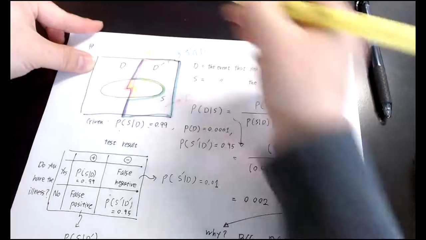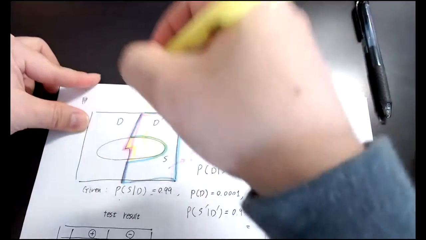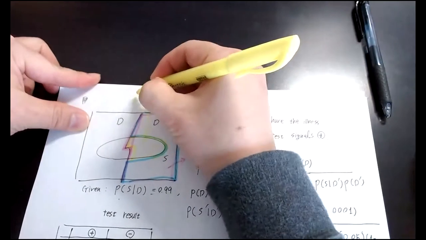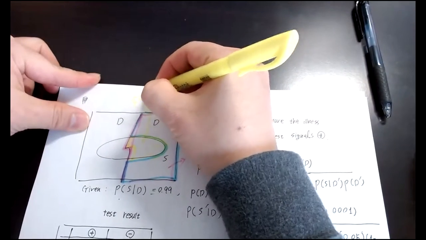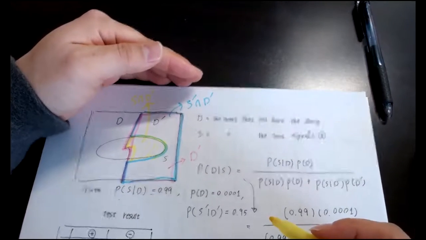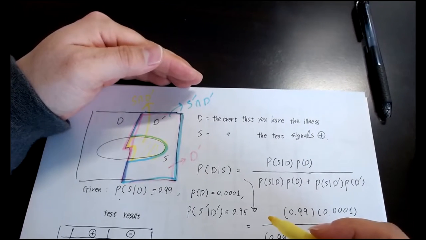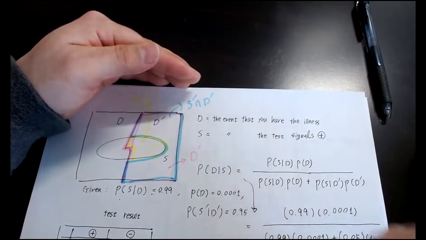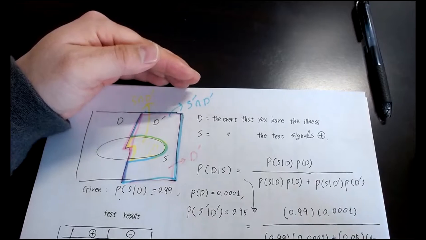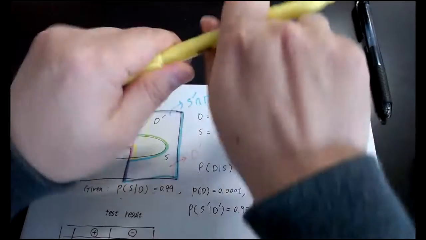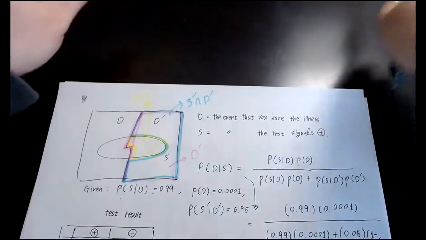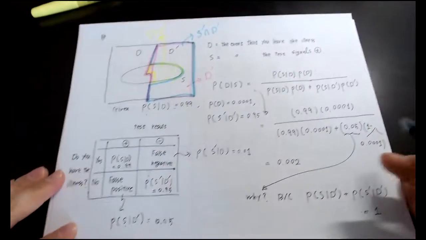Can you see that right there? So this is the S intersection D prime, divided by the number of outcomes in D prime, right? So then what? Simply saying that what?